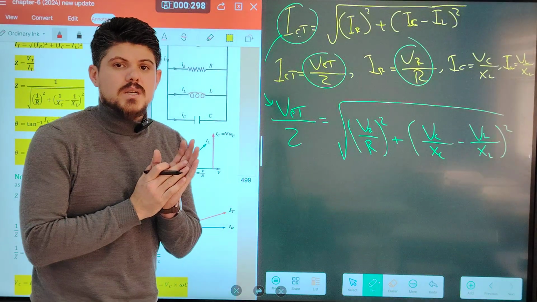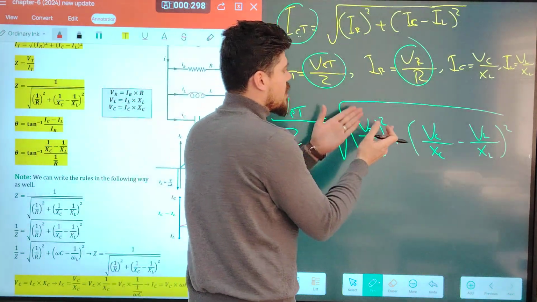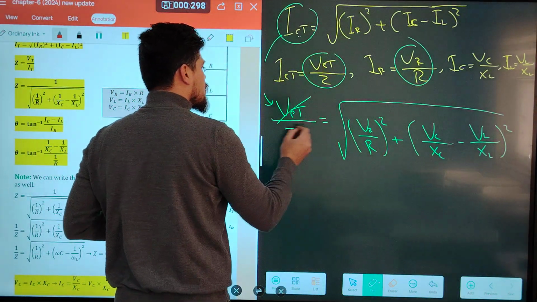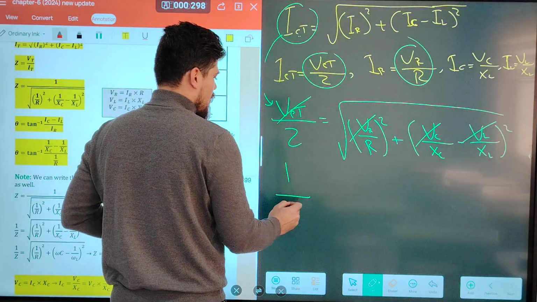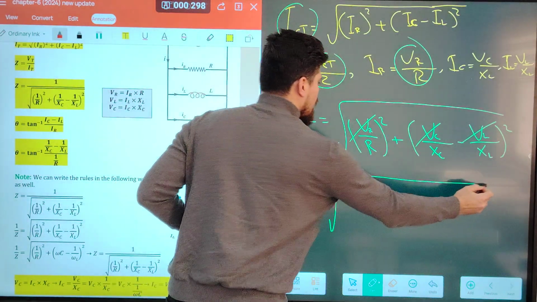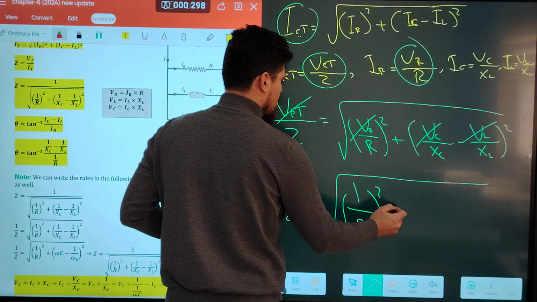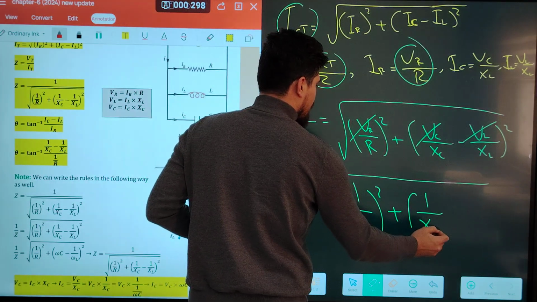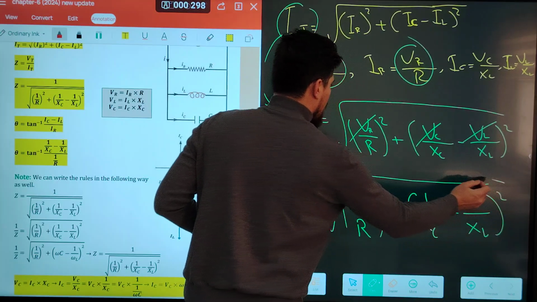Because in a parallel AC circuit, the values of V total, VR, VC, VL are equal. That is why they all cancel each other. What remains here? 1 over Z. What remains here? 1 over R squared. 1 over what? XC minus 1 over what? XL. All of them squared.